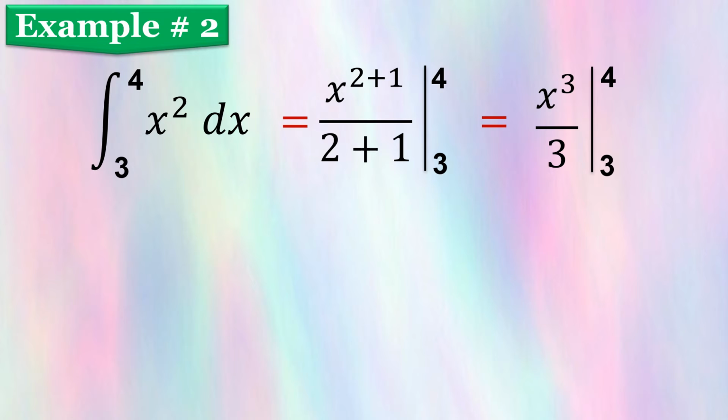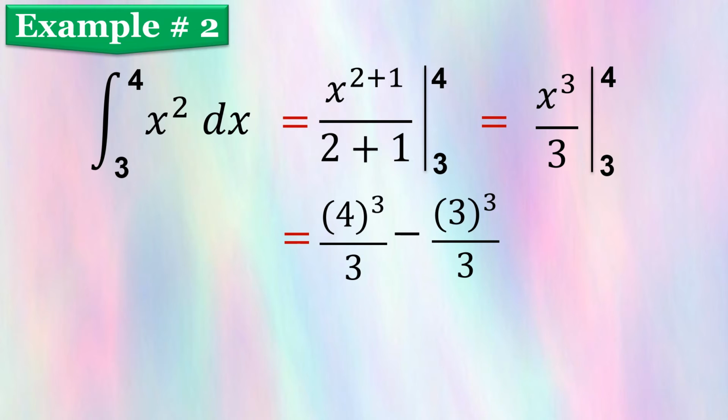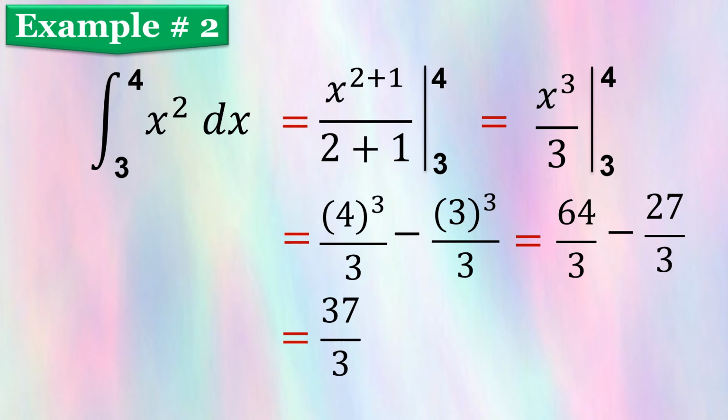From here, we substitute the upper limit first before the lower limit. So we have 4 to the third over 3 minus 3 to the third over 3. It is equal to 64 over 3 minus 27 over 3, which is equal to 37 over 3. So the integral of x squared dx from 3 to 4 is equal to 37 over 3.